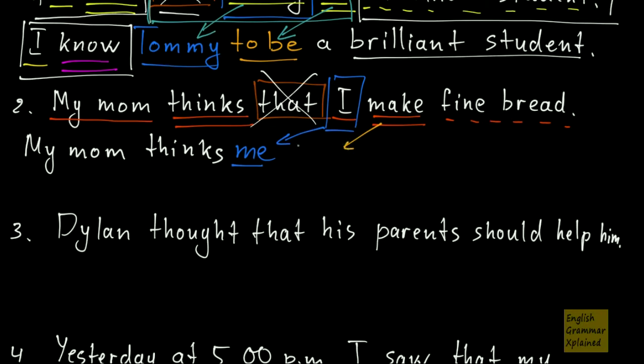To make. And then the other words, the last part of my predicate. Fine bread. And this is it. The only difficulty was that I had to change my pronoun, but this is all.